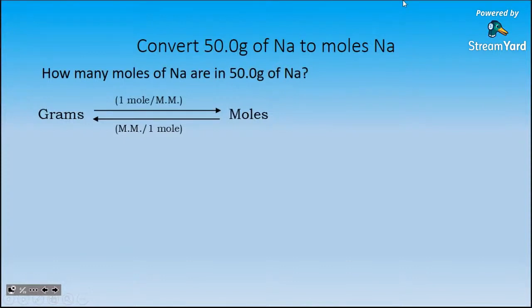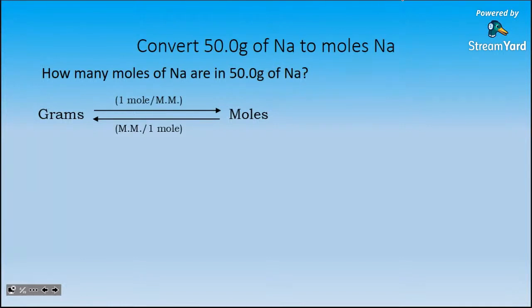In this first example, we're going to be converting 50 grams of sodium to moles of sodium. So we're looking at just an element. As I always instruct my students, when we are looking at any type of word problem, always go through and diagram that word problem.